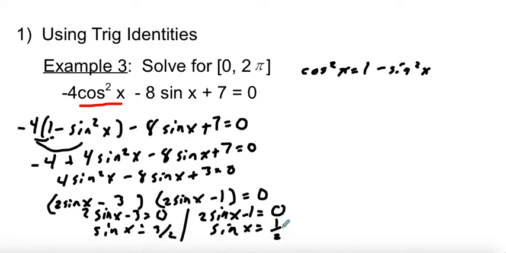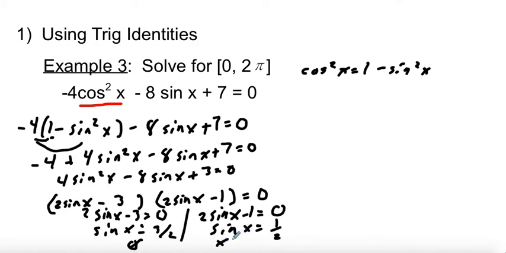I get the sine of x equals 1 half. Kind of running out of space over here, but that first one there where sine of x equals 3 halves, there's no place where your x value is going to give you 3 halves. You can't get a sine of 3 halves, so there is no solution for this one.